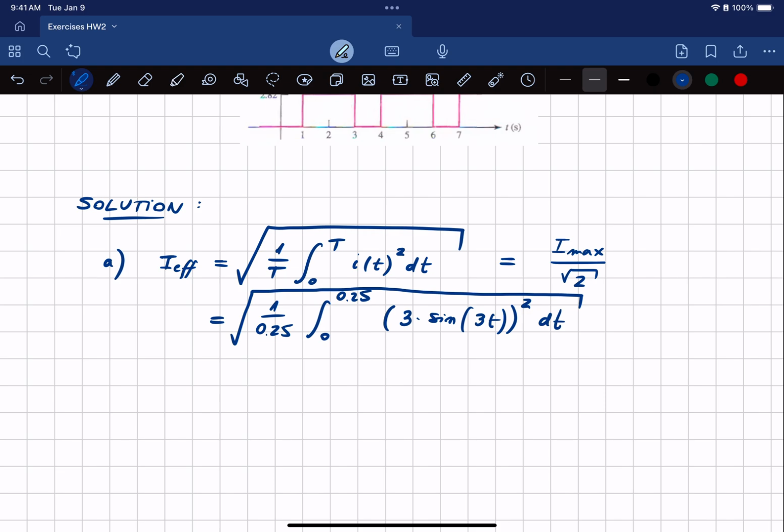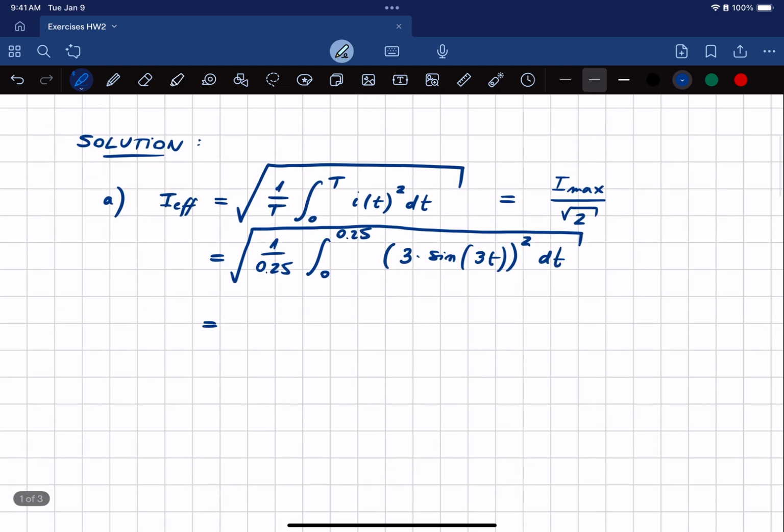Okay, so then what we have to do here is work out this signal. The 3 squared we can move outside of the integral, so it's not messing with us. And actually we can transform this; this whole thing is 4 essentially.